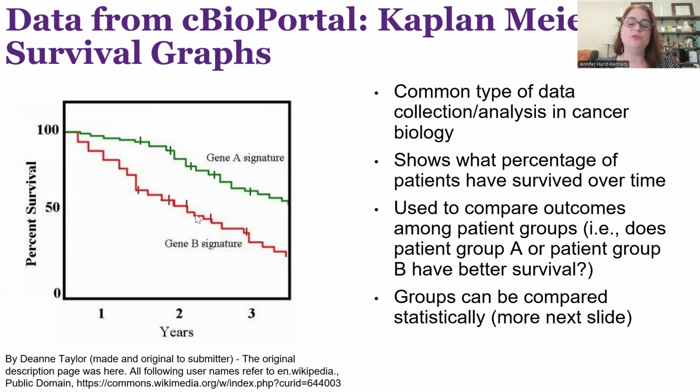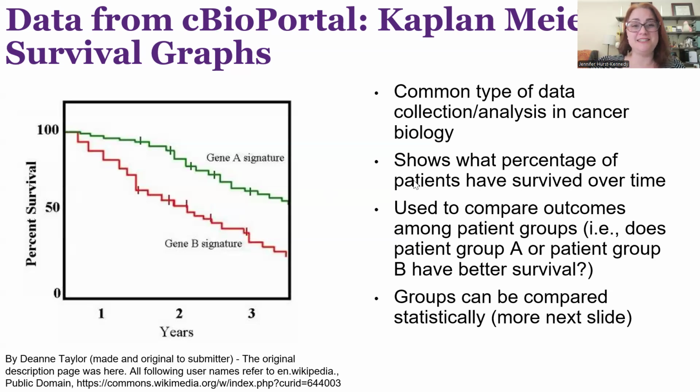The lines will show you what percentage of patients are still alive at a given time point. So you can break data apart and then see if different parameters influence patient survivability. In the case of this example, we see patients that have gene A signature have better survivability than those with gene B signature. And then you can do statistical comparisons of your groups to see if anything is significant.